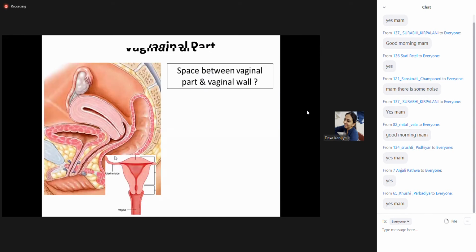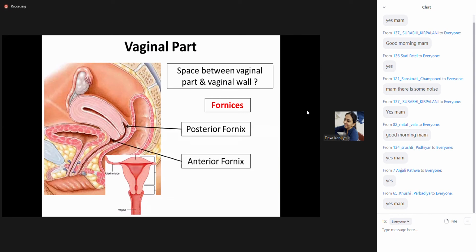Now if you notice one thing, there is a space between the vaginal part of the cervix and the vagina. This space is known as fornices. There are four fornices. One lies anteriorly, that is the anterior fornix, one posterior fornix, and two lateral fornices.